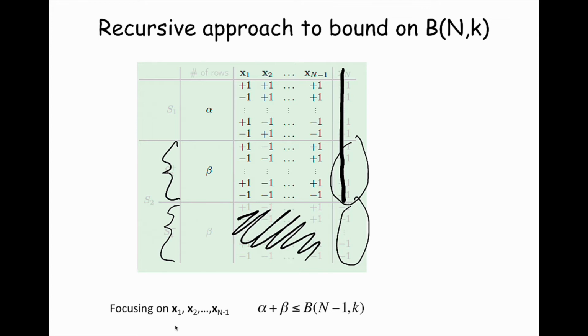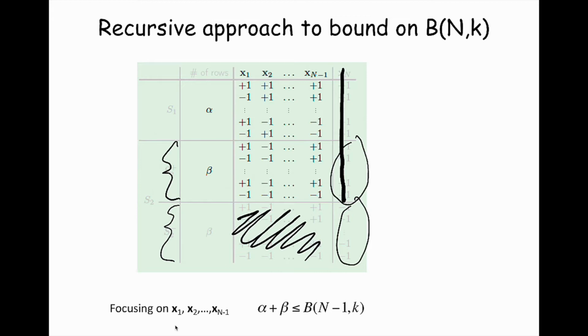All right, so what does this represent? Well, we know that if we count the number of dichotomies in these n minus 1 positions, corresponding to these labelings of n minus 1 data points, that's just alpha plus beta. That's certainly the size. But how big can alpha plus beta get? Well, using this recurrence relation, the breakpoint didn't change, but what has changed is the data set size.